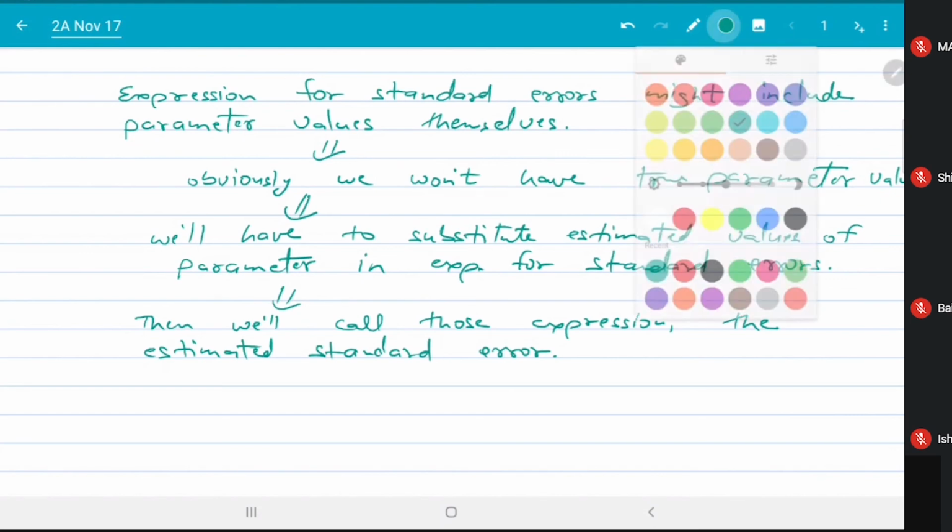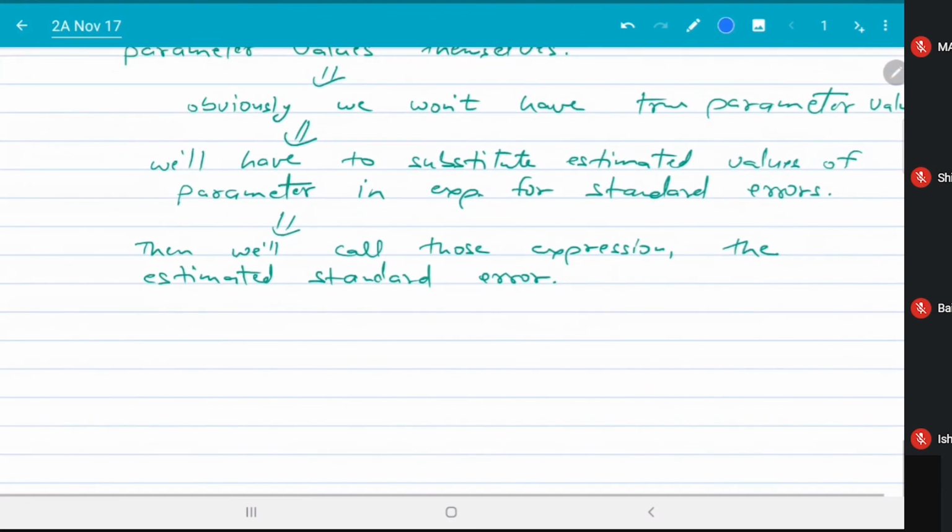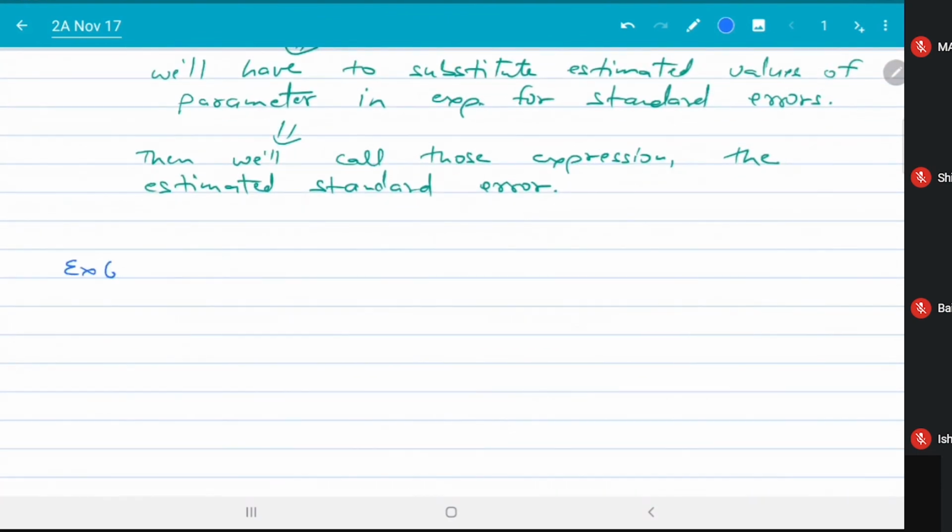Okay, let's see how this will work. This is example 6.10. We have the estimator for the population proportion as the random variable divided by the sample size.